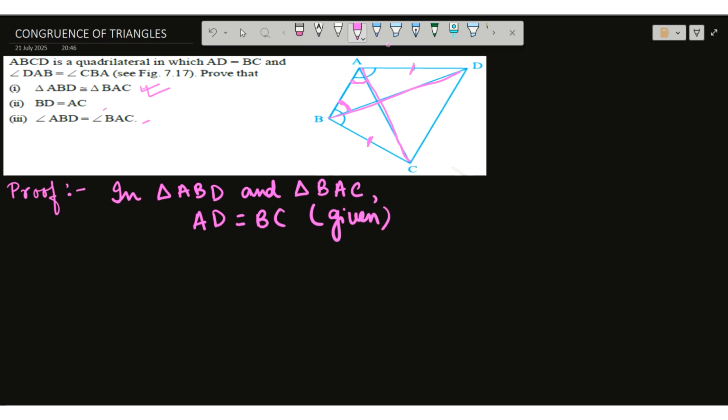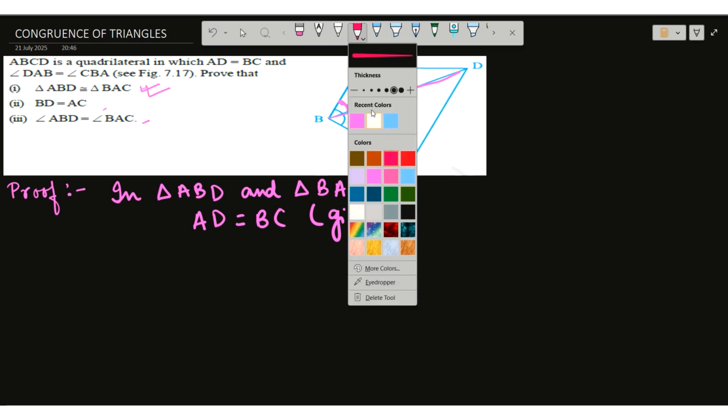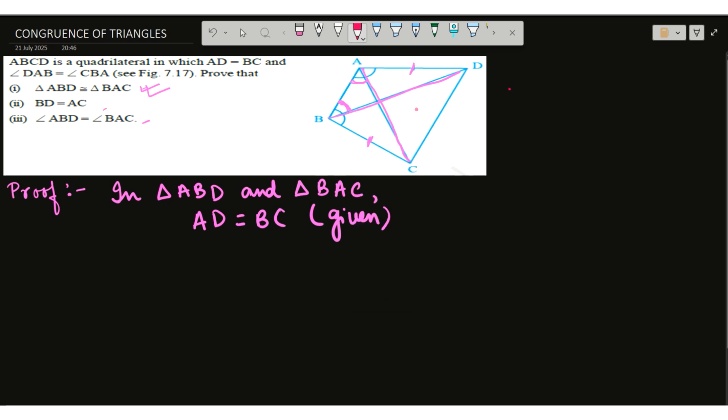Second, we can see that angle DAB is equal to angle ABC. So we'll write angle DAB is equal to angle ABC. Again, it is given in the question.